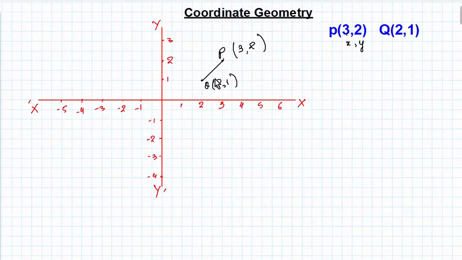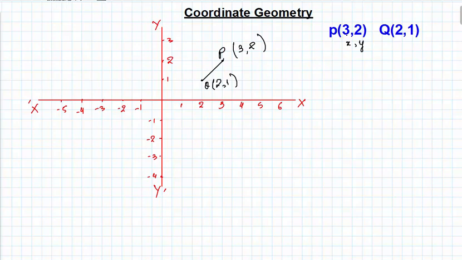When we join these two, now if it is required to find out the distance between P and Q, how can we find out? There is a famous formula in coordinate geometry which is used to find out the distance between 2 points. Here I will explain in brief.